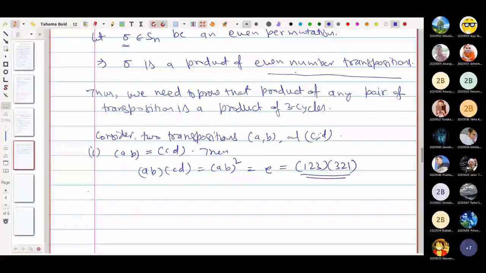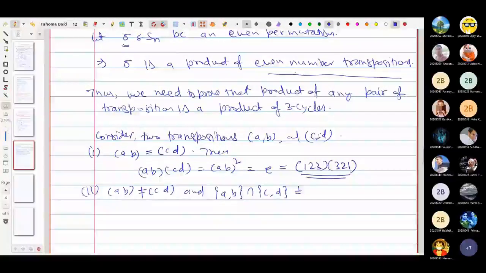Let us consider the case where AB is not equal to CD, and the intersection of the sets AB and CD is non-empty. Non-empty means there is something common in these two.